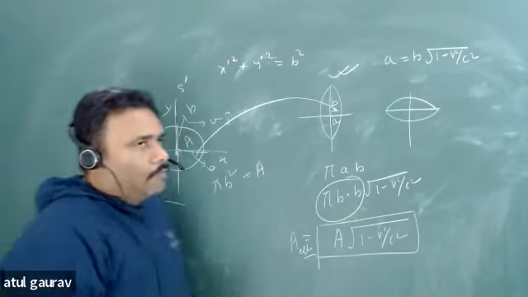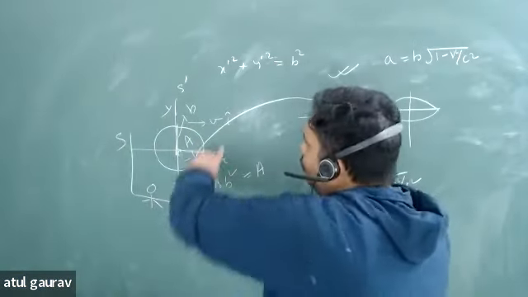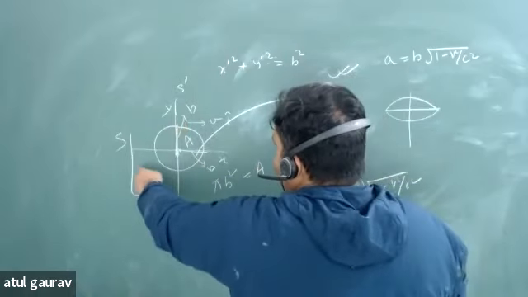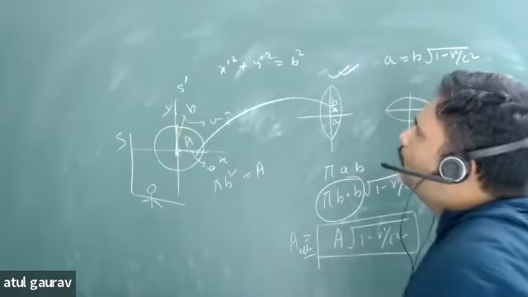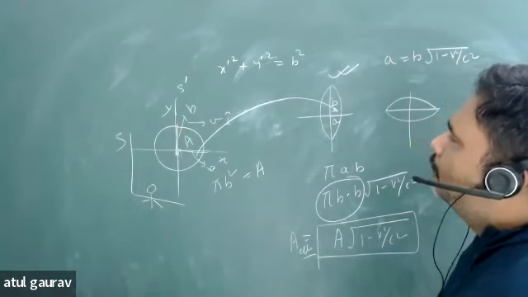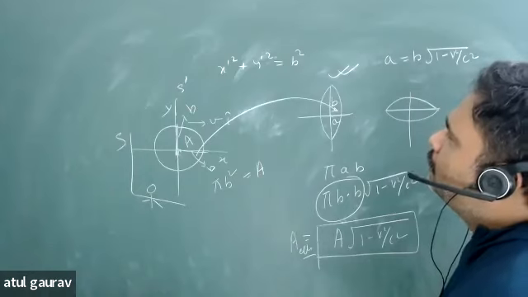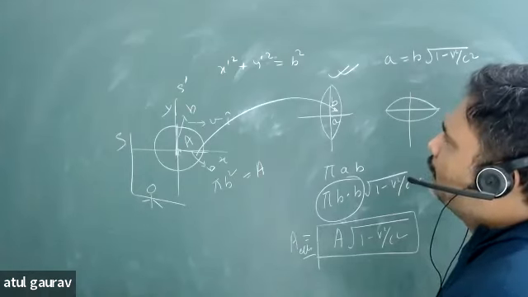Okay. Now, what will be the equation of this shape as seen from the S frame? So you have to do what? Lorentz transformation? Yes or no? You have to do it, right?